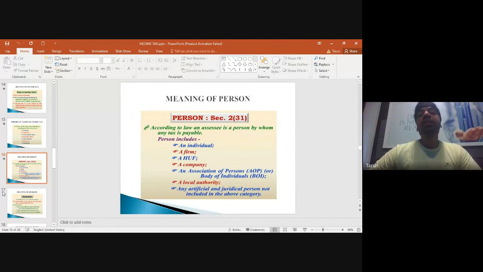The next one is any artificial juridical person not included in the above categories. An artificial person is always termed a person, but it does not come under income tax in the same way because a long procedure has to be followed. The juridical person is always a part of the law.